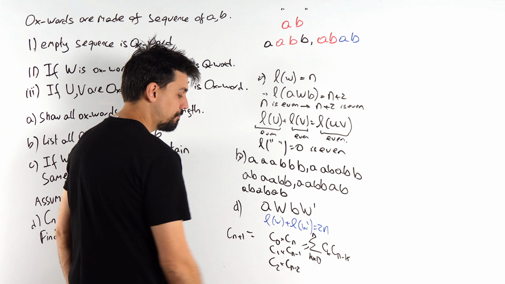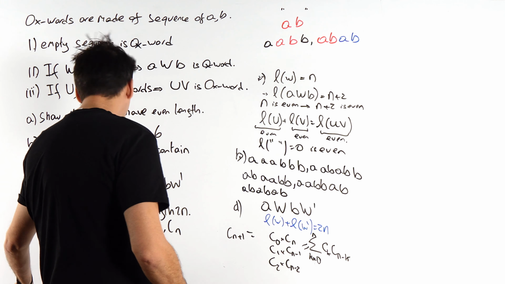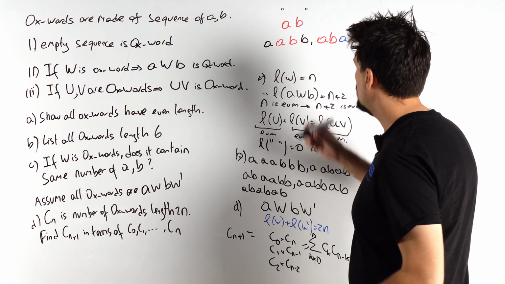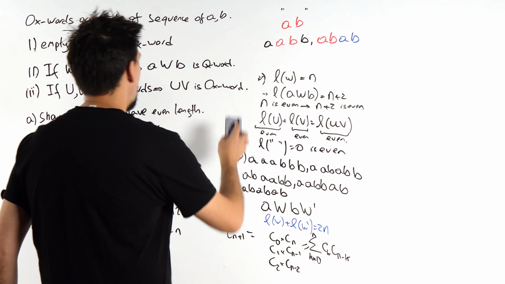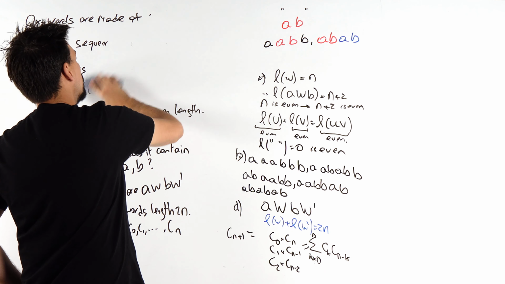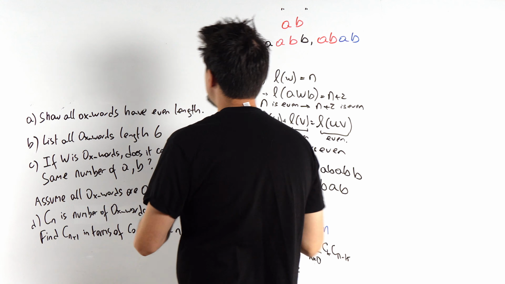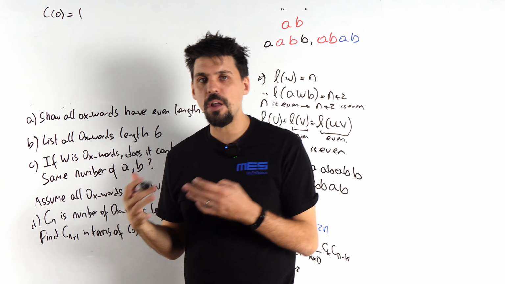So this is what we got. Now, we can double check this. Let's go over here. I'm going to check my working up here, because I've got a few of them, so I might as well check that my stuff works. The number of words of length 0 was 1. There is one word of length 0.